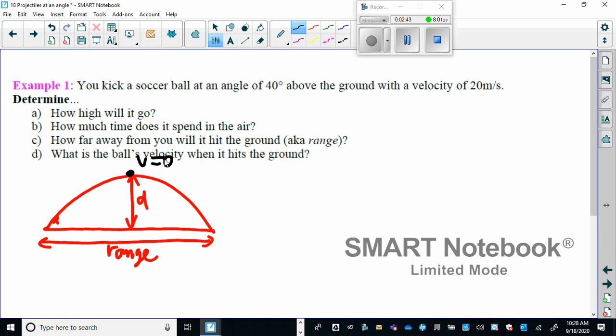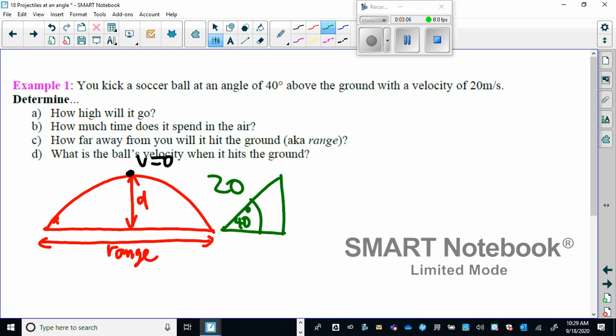Now let's take into account that 40 degrees. And again, we're going to do it separately. And where does the 20 meters go? Well, since the 20 meters is not attached to a horizontal or vertical component, it is automatically the hypotenuse.